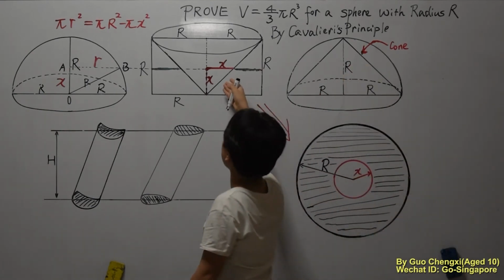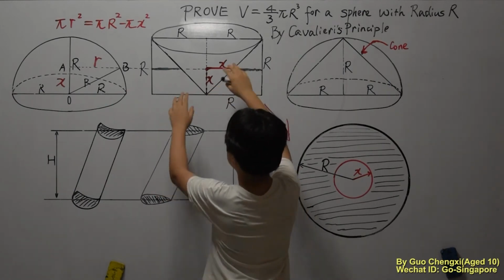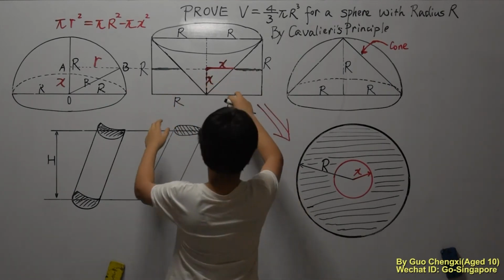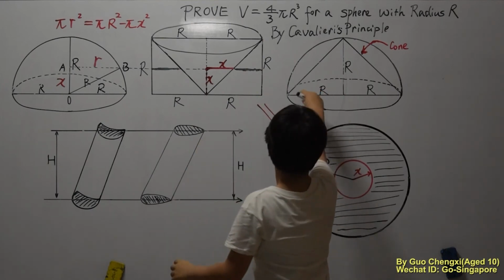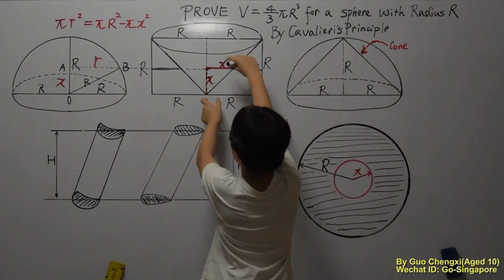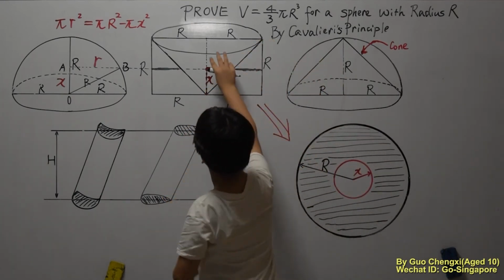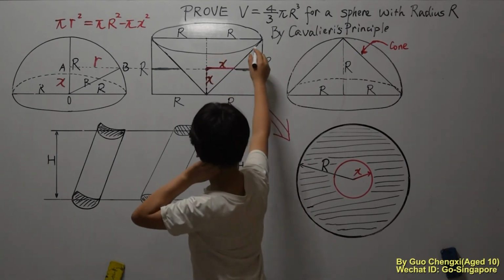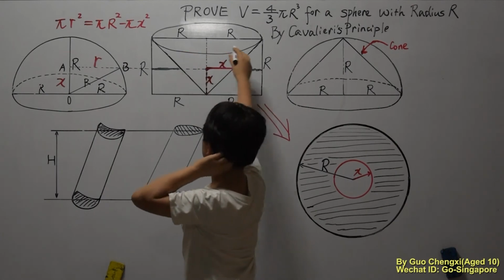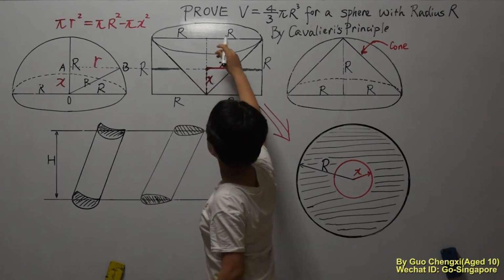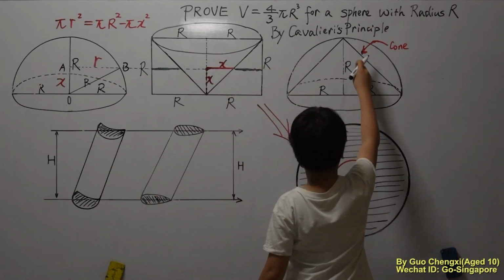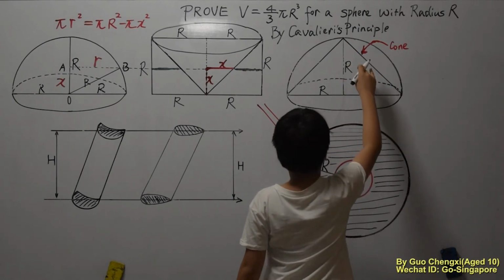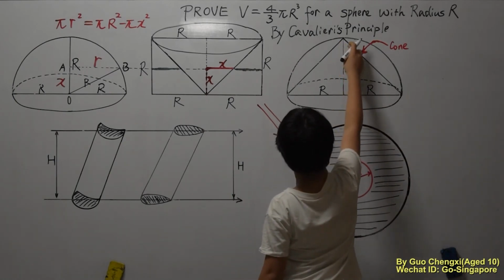Then what about this part? Let's take a cylinder that this cone can also fit in. Now that you have this cone, let's take this part over here. This part is R, right? And what angle is this?